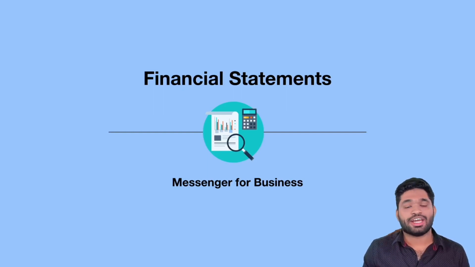Now let's see, why do we need financial statements? The main objective of financial accounting is to provide financial information for decision makers. Now we need to have a set of tools with which we can provide this information. So these tools are your financial statements.